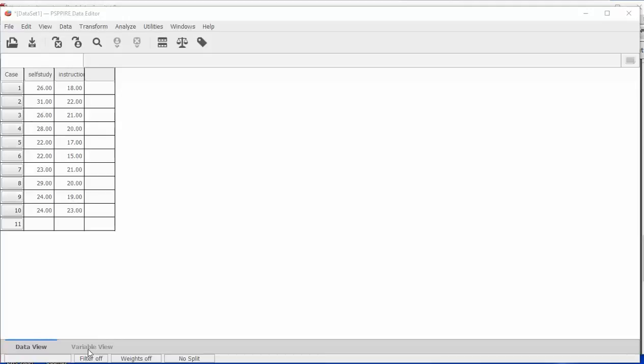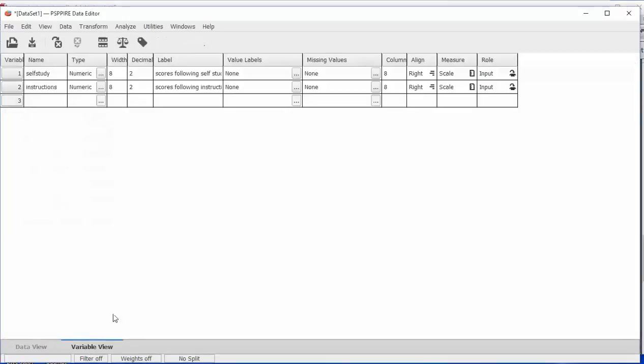And as usual, you go to the variable view to define the variables. The first column, I have defined it as self-study. The second column, I have defined it as instructions. That's the performance following instructions on how to do well on the GRE test. The labels, the first one I've labeled as scores following self-study, and the second is scores following instructions.